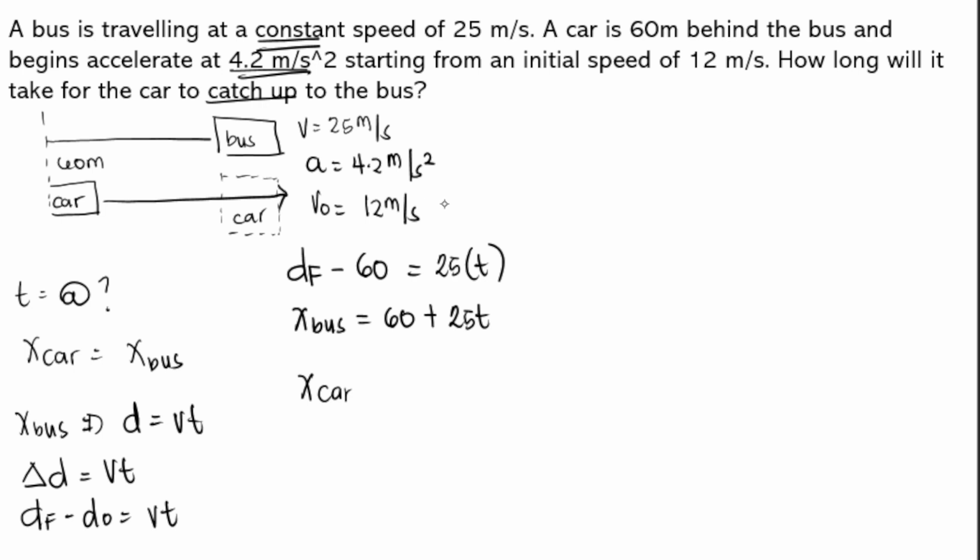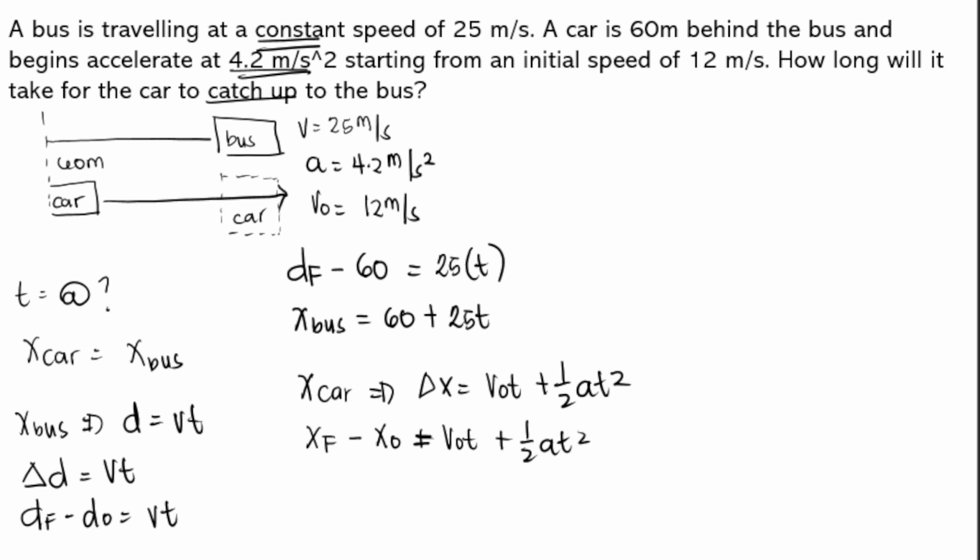So, ang i-consider nating equation is yung delta x is equals to v naught t plus 1 half a t squared. Okay? So, delta x is equals to xf minus x naught, equals v naught t plus 1 half a t squared.